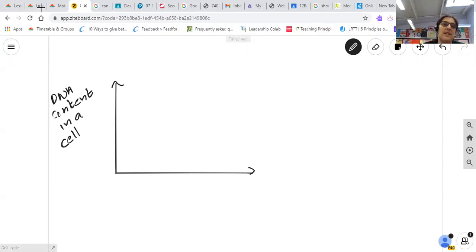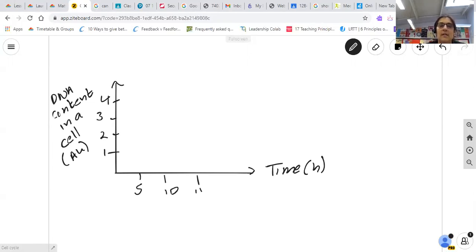Sometimes it's one, sometimes it's the other, in what we call arbitrary units. And we have time in hours along the side. We've got a little bit of scaling, 1, 2, 3, 4 for our arbitrary units, and we'll do our time in 5-hour intervals, just to give us an idea of what's happening.